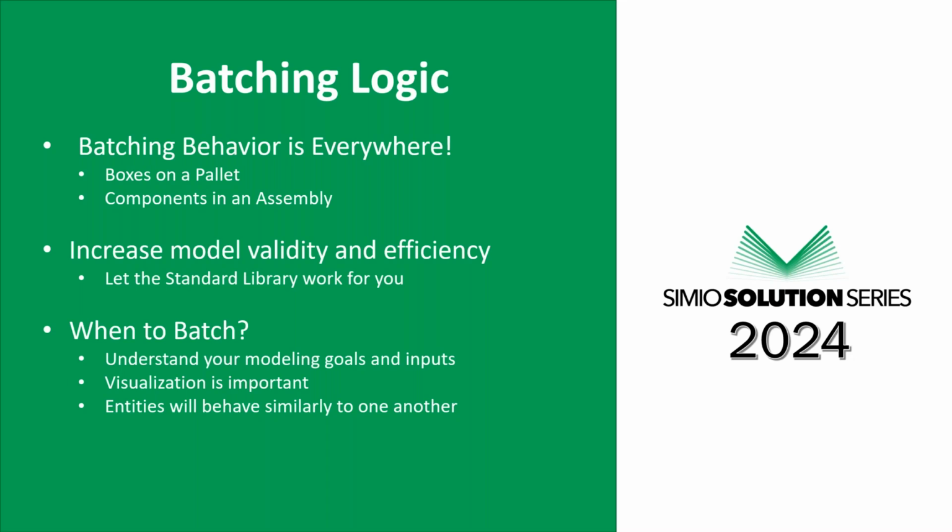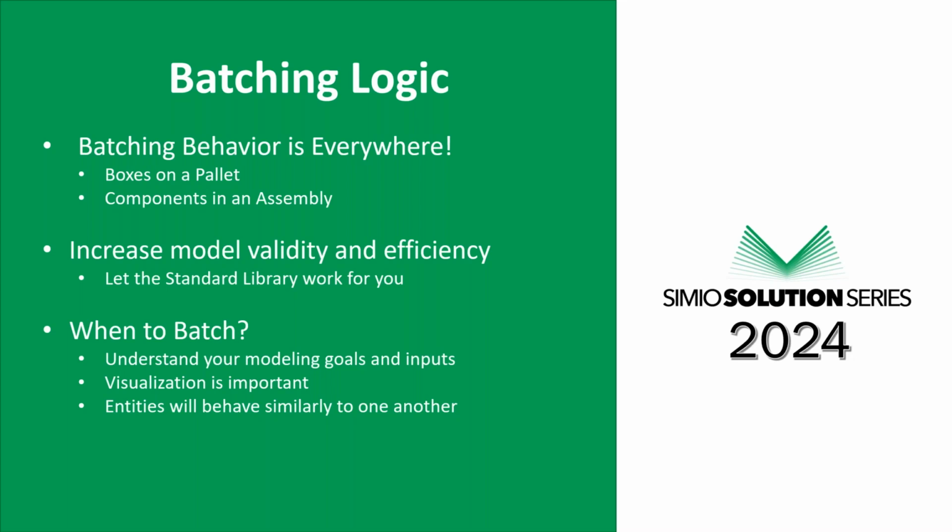And then we can also think about when to batch. Maybe there are some parallels you can draw from what we talk about today, but there's some nuance to when in your model may be the right time to batch. So it's important to understand your modeling goals, inputs, and visualization.